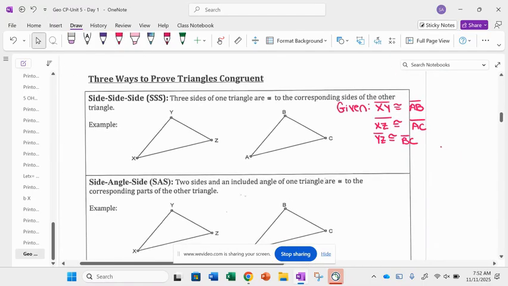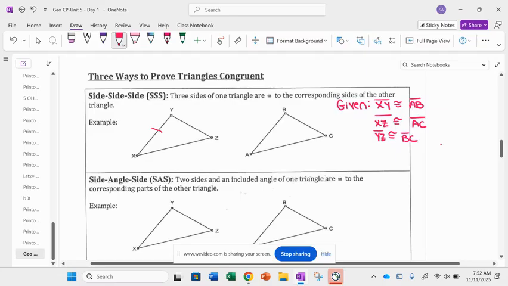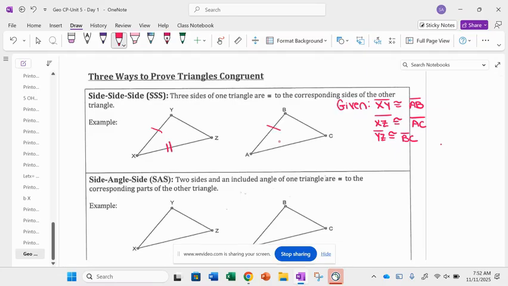Okay, so let's mark it. So they were saying XY is congruent to AB, XZ is congruent to AC, and YZ is congruent to BC. So do you see how we're showing 3 sides of one triangle are congruent to 3 sides of another triangle? That means we would be able to conclude that these triangles are congruent. So I can conclude that triangle XYZ.